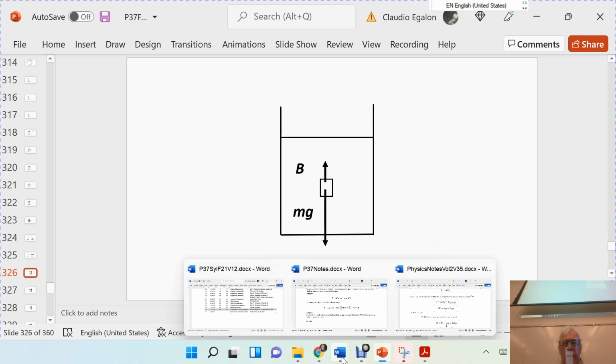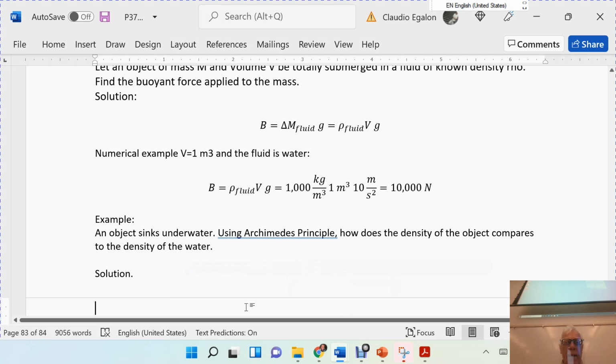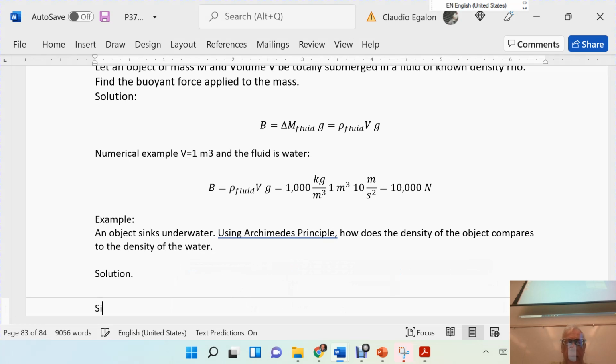And now let's develop what's going to be the consequence for the density.